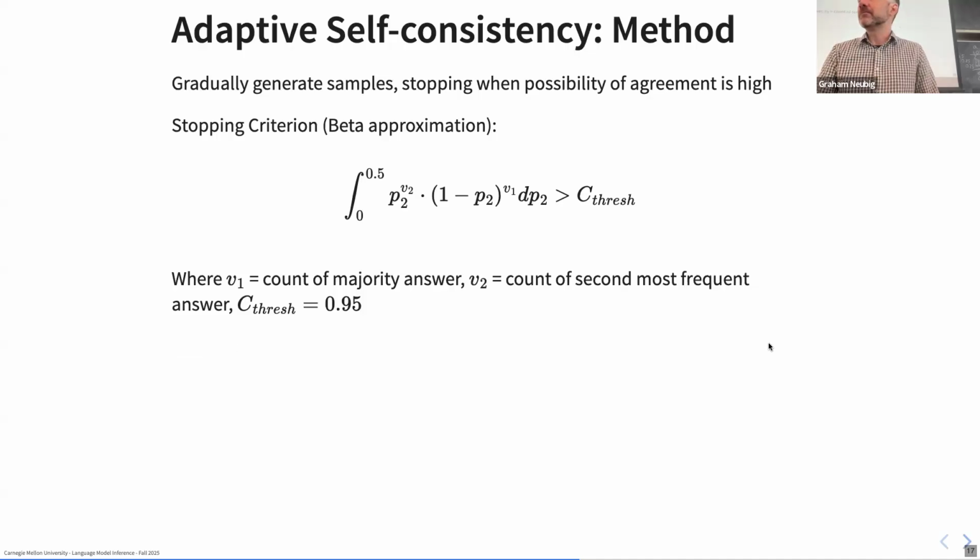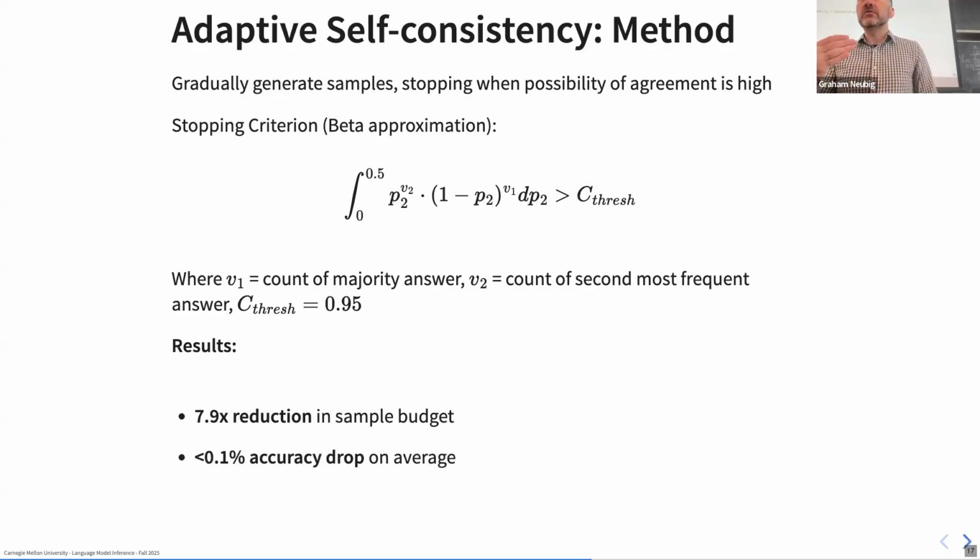Yes. It's calculated after each batch of generations. And I don't remember the exact schedule they used to do that, but basically the idea is you keep calculating until you get certain enough about the output.